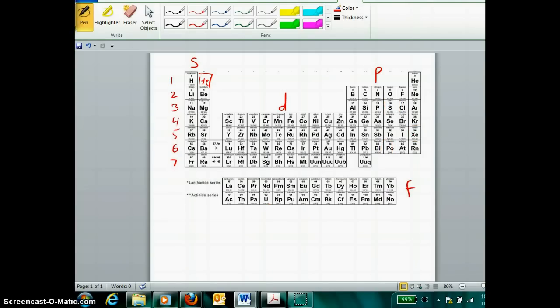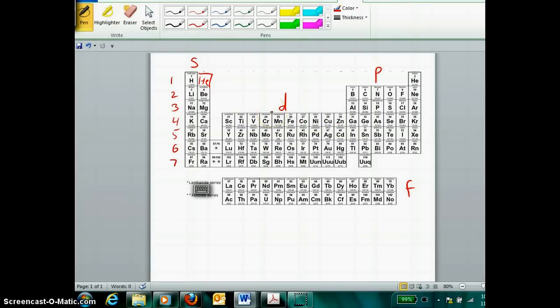So things get a little more problematic when Ds are included, because when folks start counting electrons number 21, 22, 23, and so forth in the first transition metal series, and we're using D sublevels, they tend to look over here at the period number for which Ds these are, and that's incorrect. This is actually representing electrons that go into the 3d sublevel.